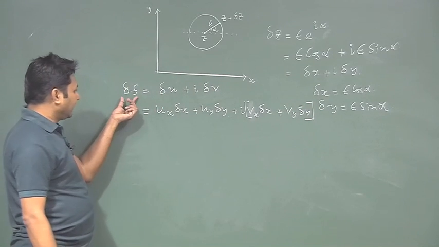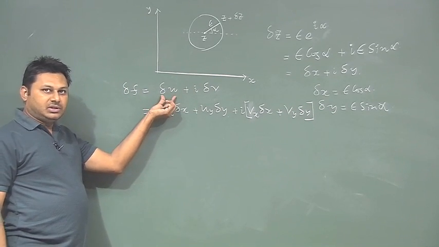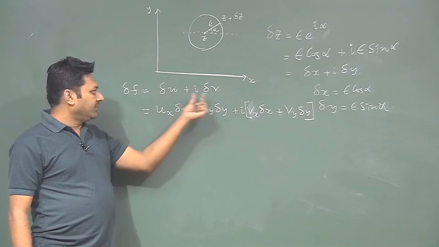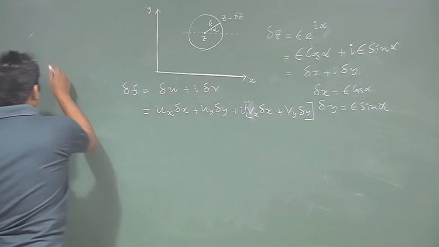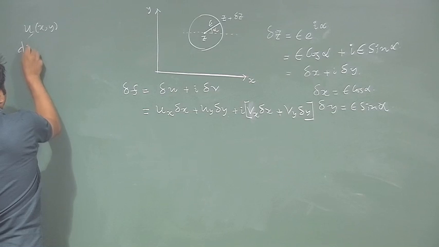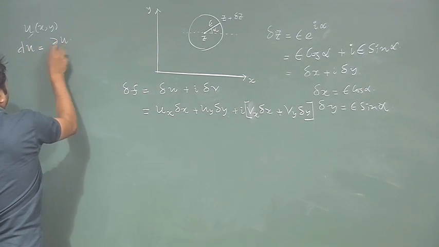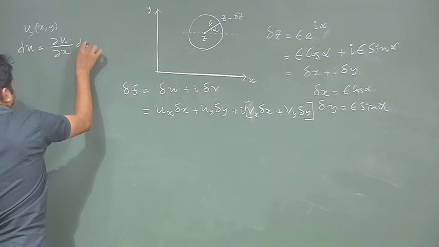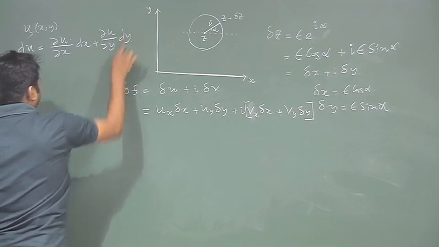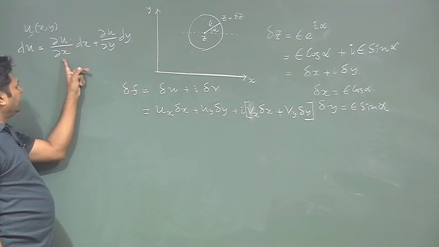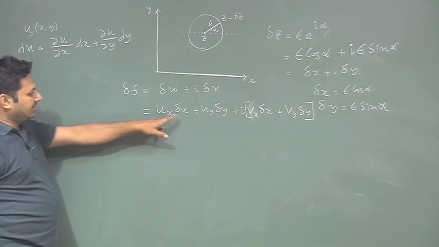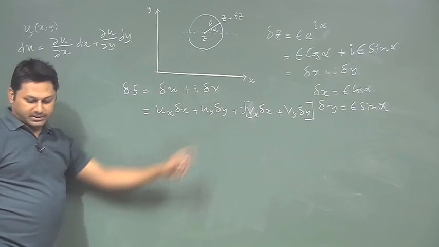I just expand delta f, the small change delta u and small change delta v, which are functions of x and y. I believe all of you are aware of this: if u is a function of x and y, then du can be represented as del u del x dx plus del u del y dy. I am using this simple thing here, where del u del x is ux, the partial derivative with respect to x, and similarly the partial derivative with respect to y, times the increment.